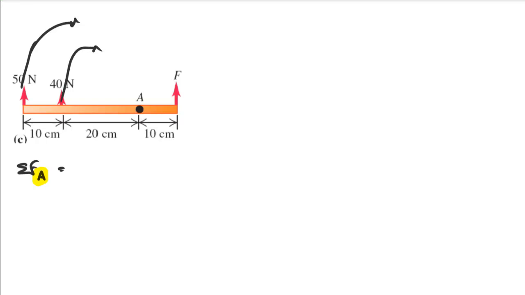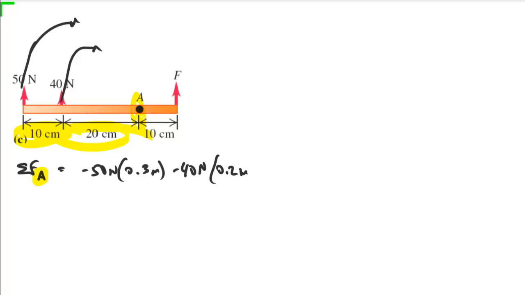And so negative 50 newtons times the moment arm here, careful that it's not just 10 centimeters, because it has to be the distance from A, right? So it's the 20 plus another 10, 30 centimeters, right? So we have 0.3 meters, minus 40 newtons times 0.2 meters, 20 centimeters for the moment arm for 40 newtons, right?